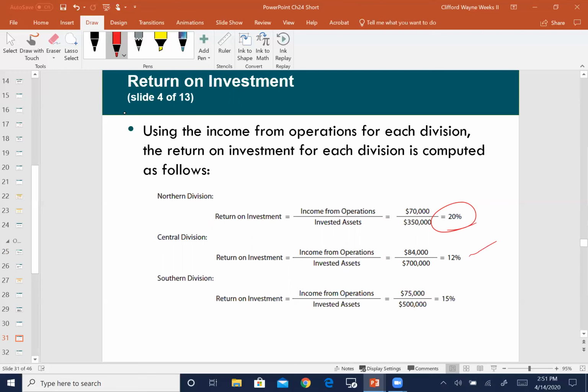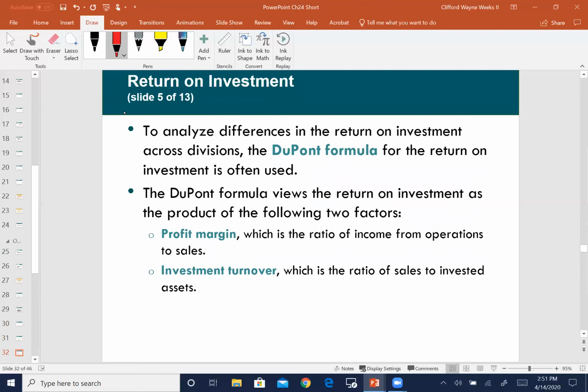So taking that return on investment, there's a company called DuPont. DuPont is a conglomerate, which just means that they invest in all different types of things. They actually started, I think, in Michigan, and they were a chemical company. But then they diversified into other areas.